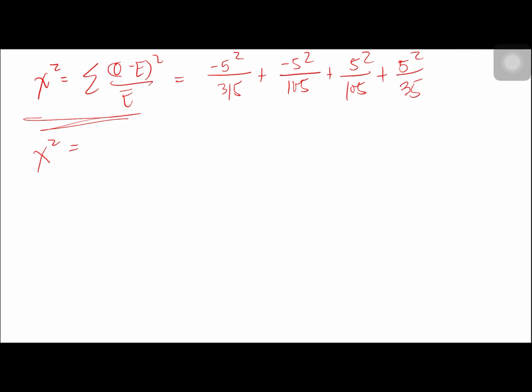Okay? So our computed value of chi-square is 1.26.